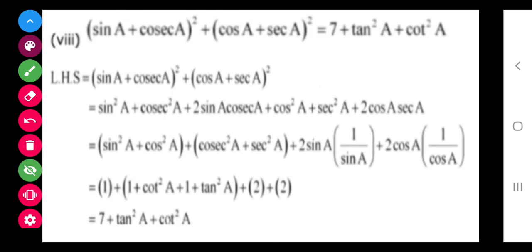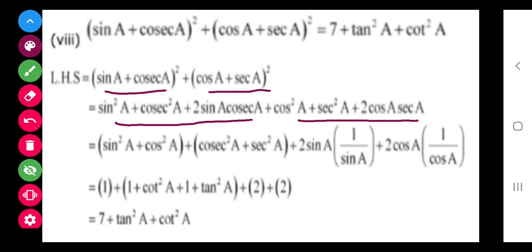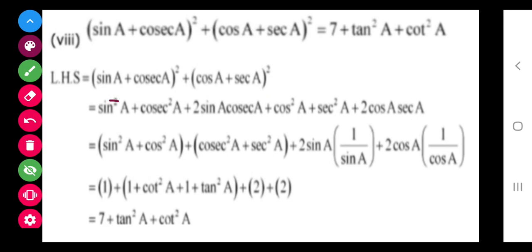Now next question. Again you can see that this is a much more reduced part than this one. So we will again take the LHS. Now the a plus b whole square formula we have to open, and open here also. Now you can see that sin square a plus cos square a equals 1, so they have taken it together.